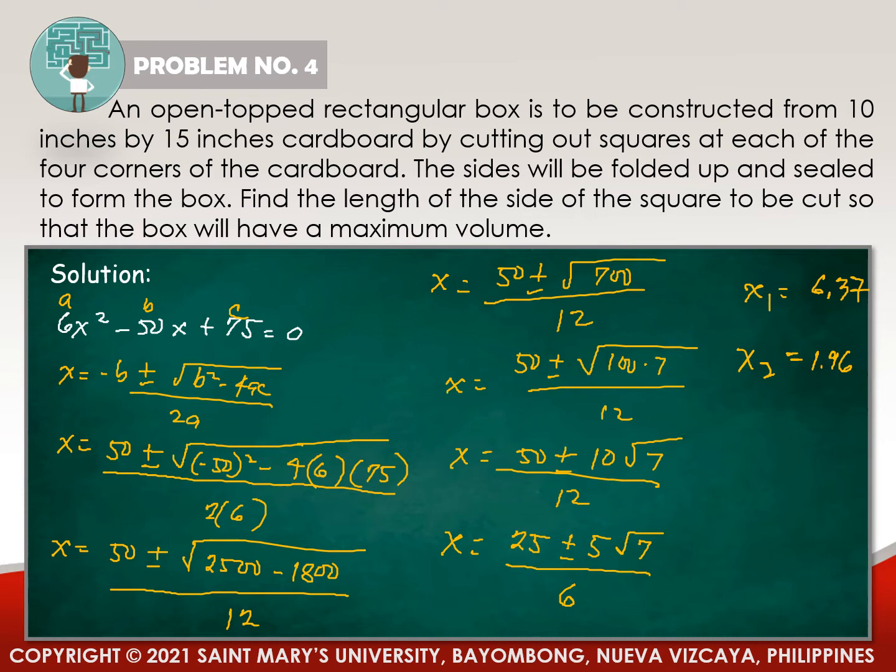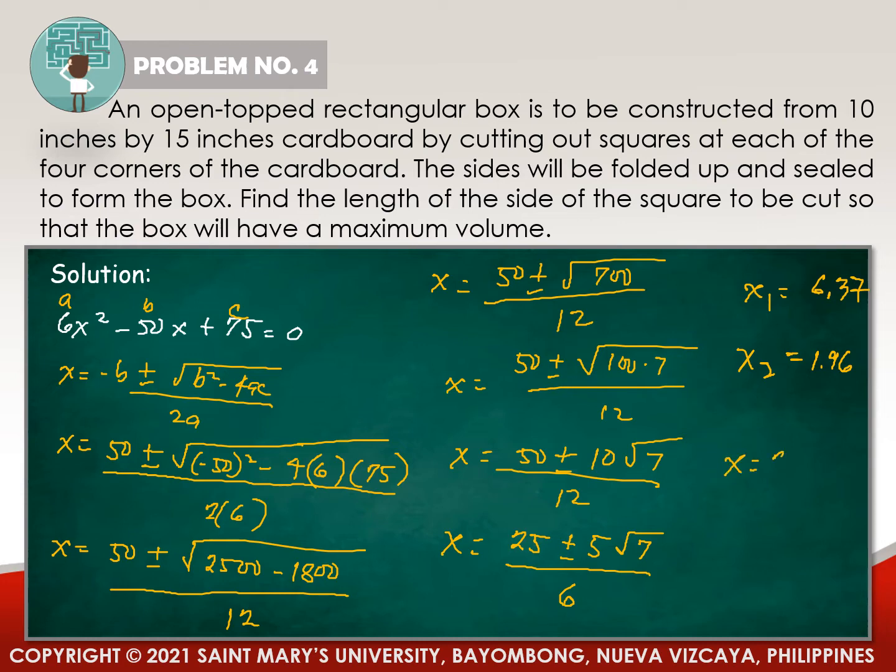But if we use 6.37, the cut on the width part is 6.37 plus 6.37, which is 12.74, more than 10. The cut is even bigger than the total width. Meaning, it is impossible. So therefore, our value of x is the one with subtraction.